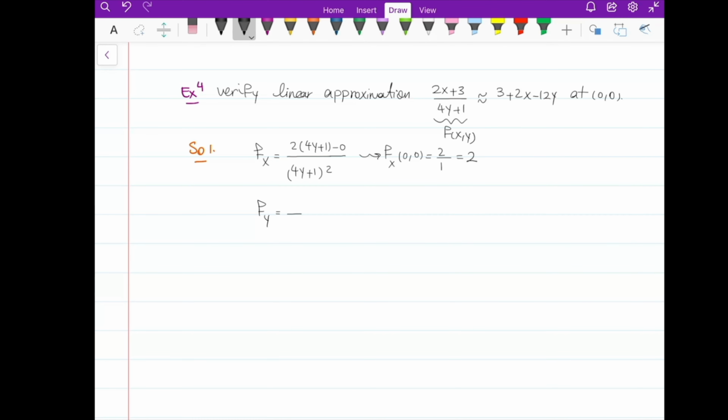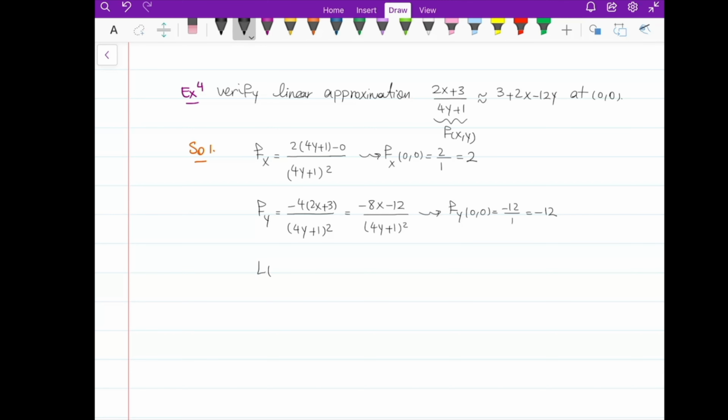How about fy? Again the quotient rule: the derivative of the top with respect to y is 0 times the bottom, 0, minus the derivative of the denominator with respect to y, which is 4, times 2x plus 3, so this is negative 8x minus 12 over (4y plus 1) squared. So fy at (0, 0), plug in 0, I get negative 12 over, plug in 0, I get 1, so this is negative 12.